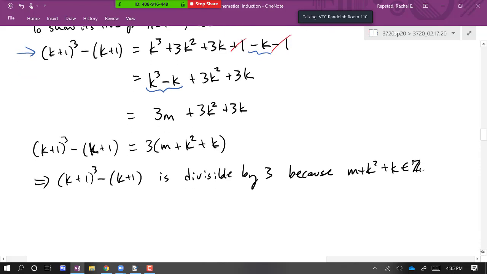And we could use the language suggested earlier. At the end, we finish the hard part, and we could say it follows by induction that n cubed minus n is divisible by 3 for every positive integer.